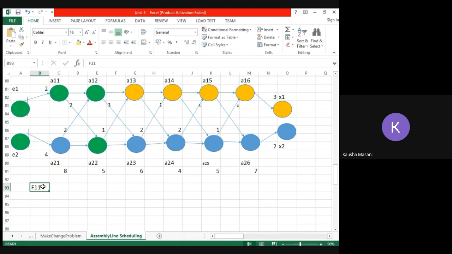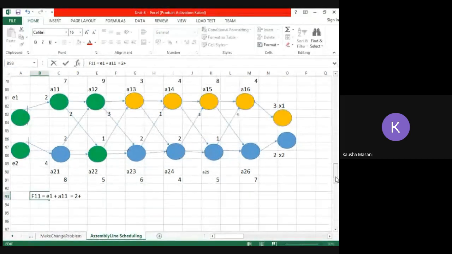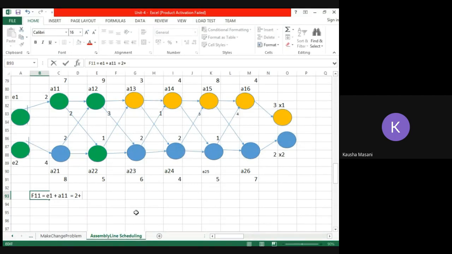So F11 is given by the formula E1 plus A11. What is E1? 2, plus what is A11? Sorry, 7. Okay, so the answer here is 9.